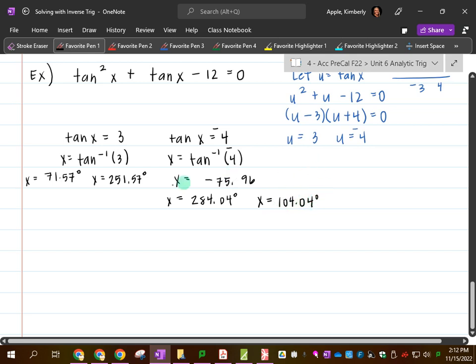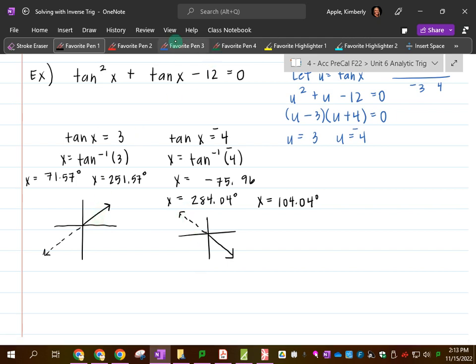So visually, the calculator gave me this one, and I had to find this one. And in this one, the calculator gave me this one, and I had to find this one. You see how I did that?